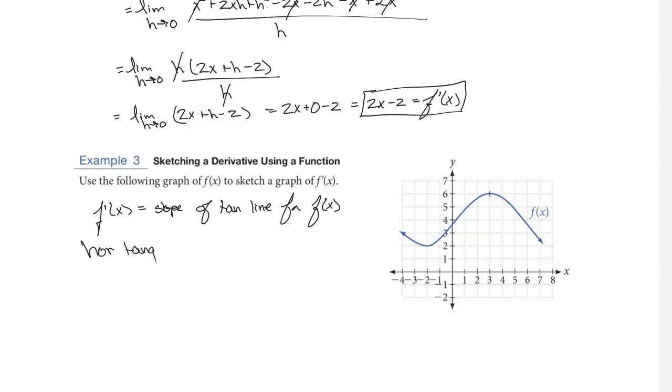Horizontal tangents are going to be places where the derivative would be equal to 0. There's a couple of places here where the derivative is going to be equal to 0. That derivative is going to be 0 at x equals 3. And then we have another one here at x equals negative 2.